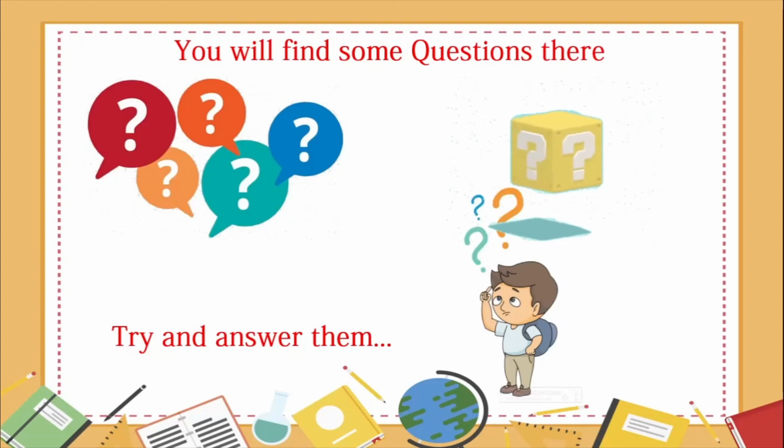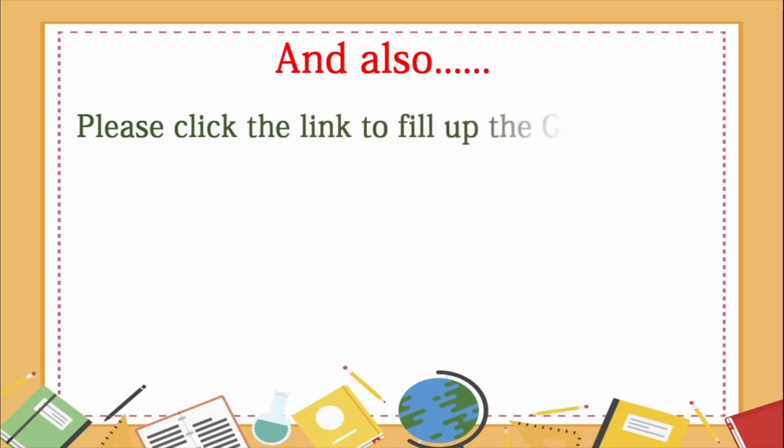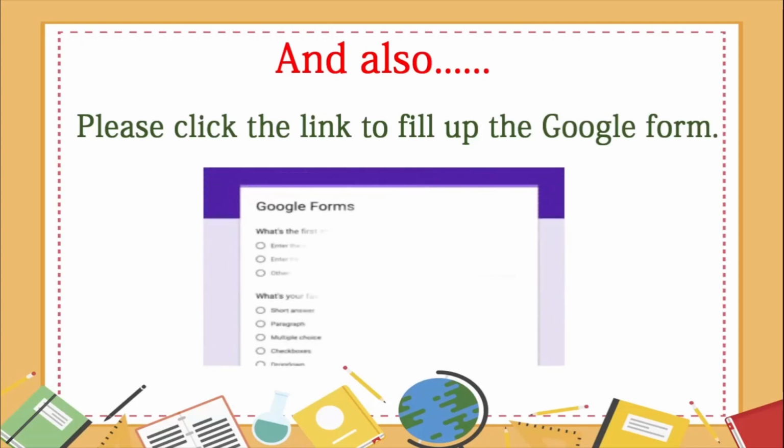After that, we have another task waiting. You will also click on the link which you will find in the description box to fill up the Google form. So now what is the Google form, children? It is nothing but a simple form. There are a few simple questions there about the video which you just saw and also about yourself. So these are the tasks that you will have to complete after you watch each video.